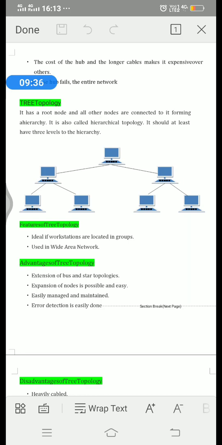If the systems are located in groups, multiple groups in your organization, you can go for the tree topology. Basically, this is a wide area network topology. This is not basically a LAN topology.